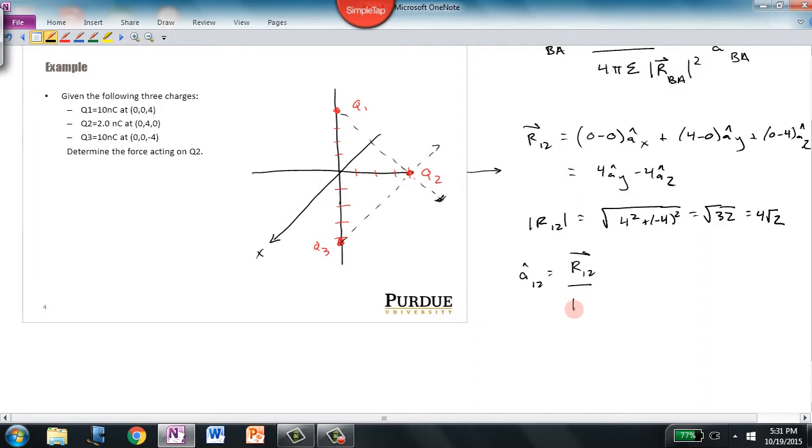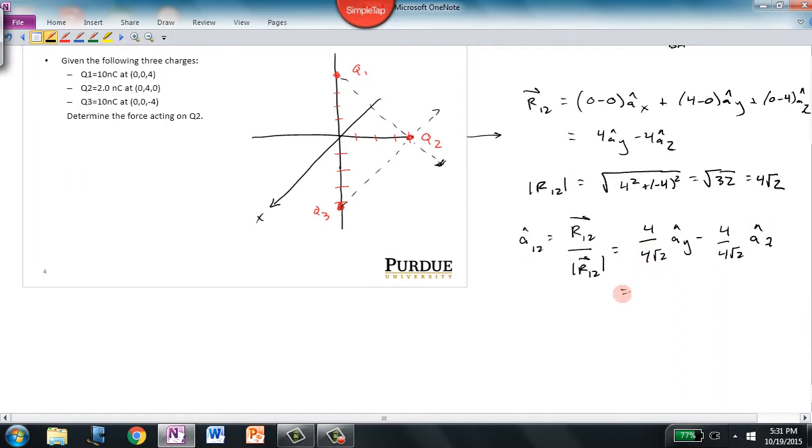Hopefully a lot of this is looking familiar from the last videos. So this is 4 over 4 radical 2 a hat y minus 4 over 4 radical 2 a hat z. The 4's cancel out, so that's 1 over root 2 a hat y minus 1 over root 2 a hat z. That's the unit vector that points in this direction, that little guy right there.